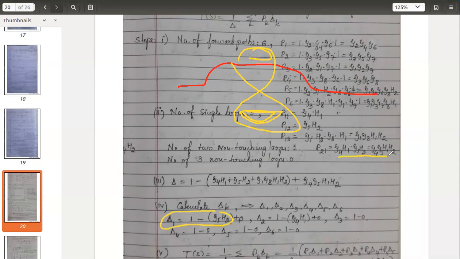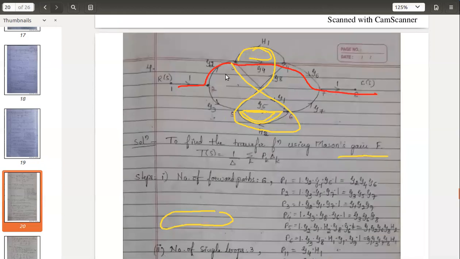Ek to hai. Okay, there is 1 set of 2 non-touching loops, but we have to consider 2 non-touching loops which are not touching the forward path 1. Which are those 2? This one and this one. Okay, they are non-touching loops. Now I don't require this 8 structure. So I'm considering these pink color loops which are not touching each other.